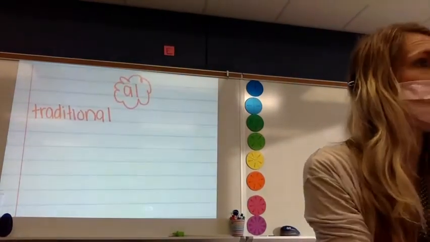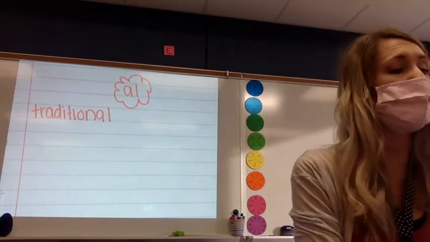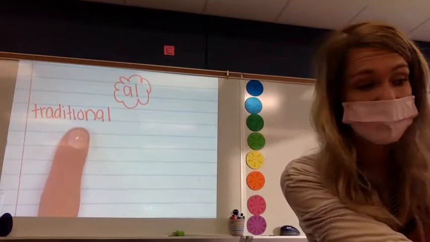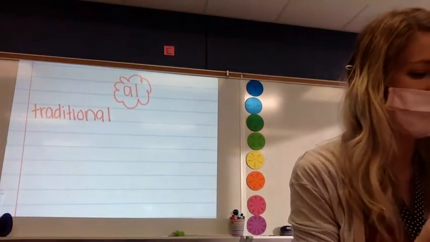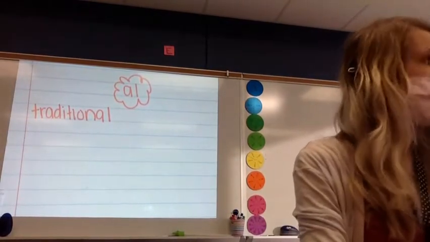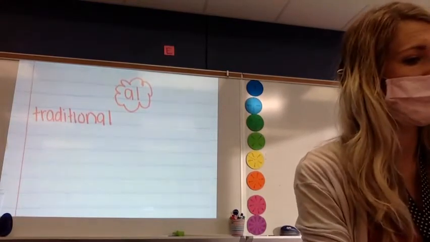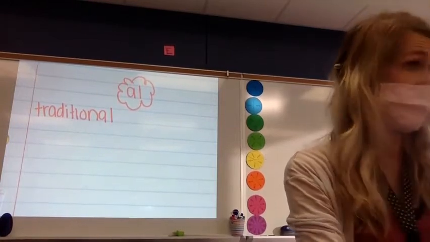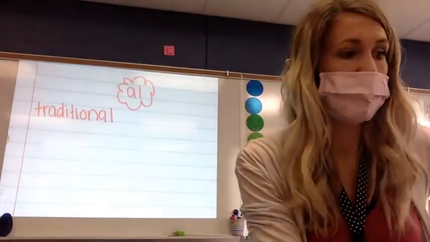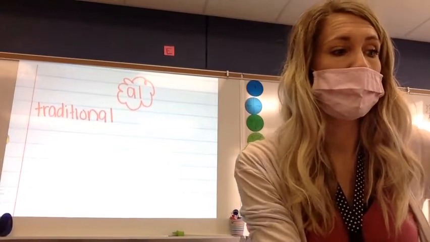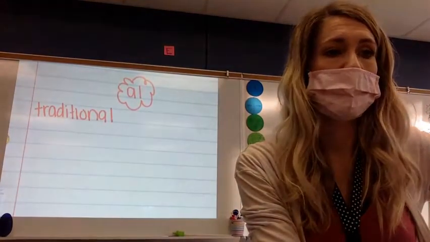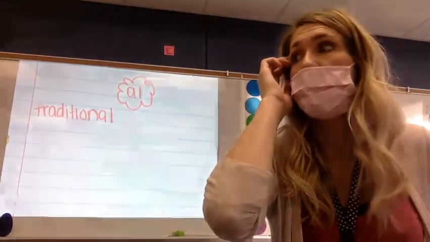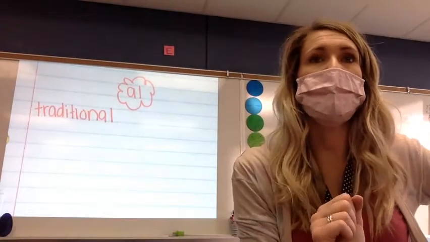Traditional. We're going to add that AL on it. Turn and give your neighbor a sentence where you might use the word traditional. That's a good one. Very good. Three, two, one.